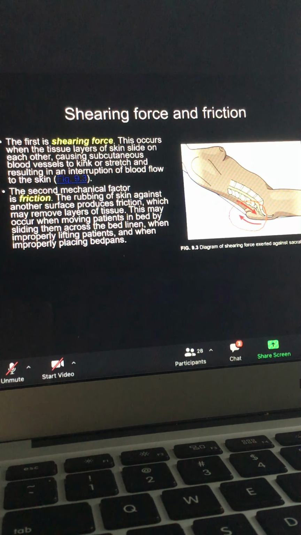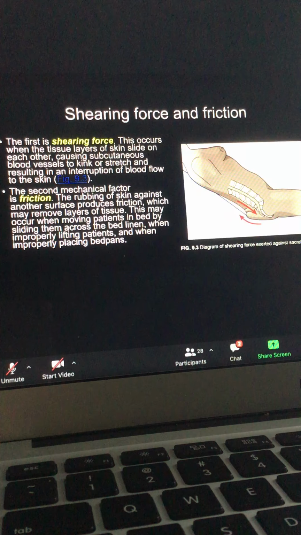Friction is more superficial. So the deeper tissues are what we're concerned about, because those are the things that we don't see right away. It starts with a reddened area, and then it proceeds to a more serious state.